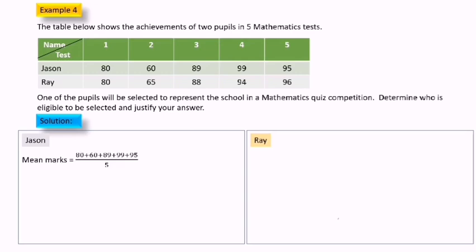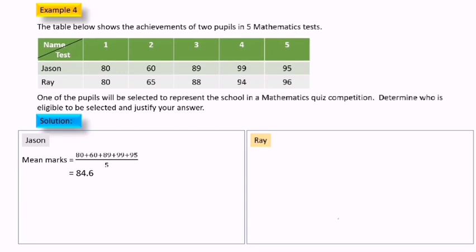Jason: mean marks equal to 80 plus 60 plus 89 plus 99 plus 95 divided by 5 equals 84.6.